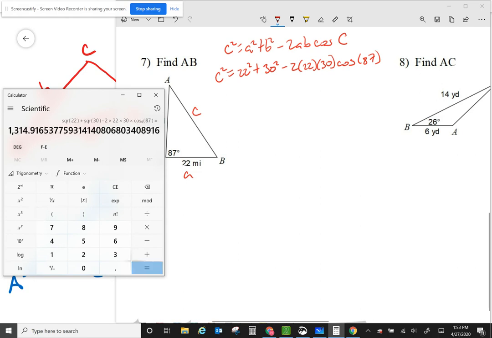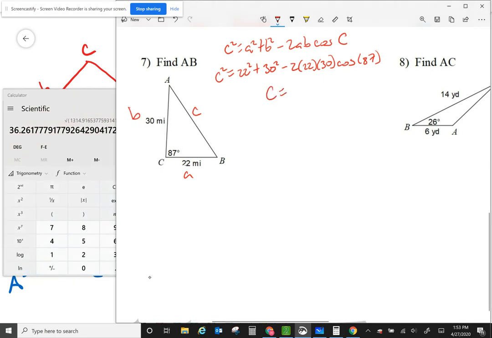I press enter. That's what C squared is. So get the square root of that. And I'm going to find out that C is equal to 36.3.